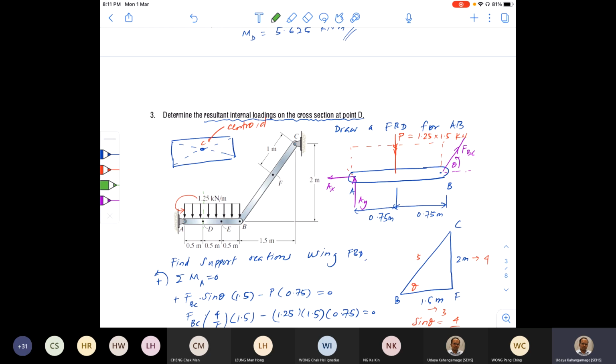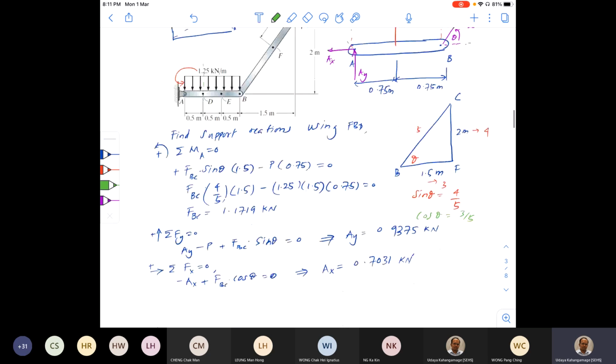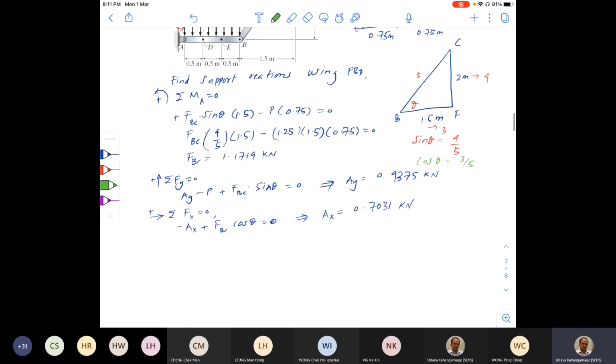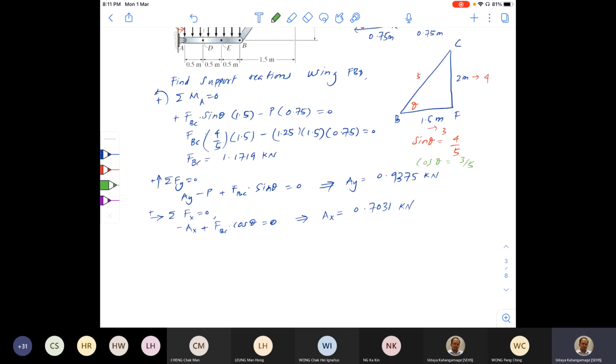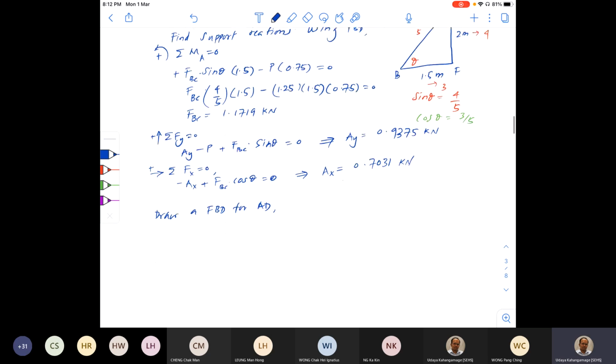We don't need the DB. Previously I drew that one just to show you the whole picture, right? So just right here, draw a FBD for AD, only AD. So now can you do it by yourself?